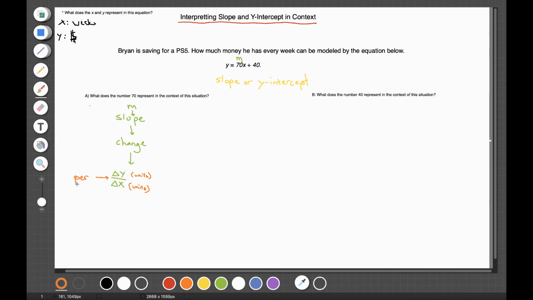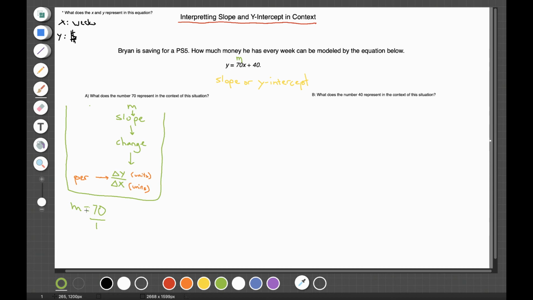Okay, so let's actually go back and let's use this to apply to this problem here. All right, so this is where this part comes in right up here. The x are the weeks and the y is the dollars. So our slope is 70. We know that m equals 70. But we need to remember that we can always write a slope as a fraction, 70 over 1, right? It's just a number, you put it over 1.